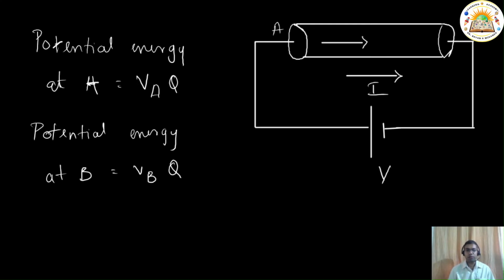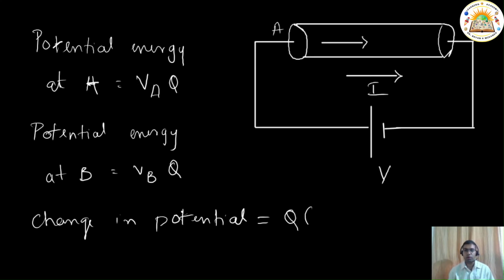Now, the change in potential is something that we have to see. So the change in potential will be nothing but Q of VB minus VA, because it is nothing but final energy minus initial energy. Final because at point B it terminates, at point A it is originating.